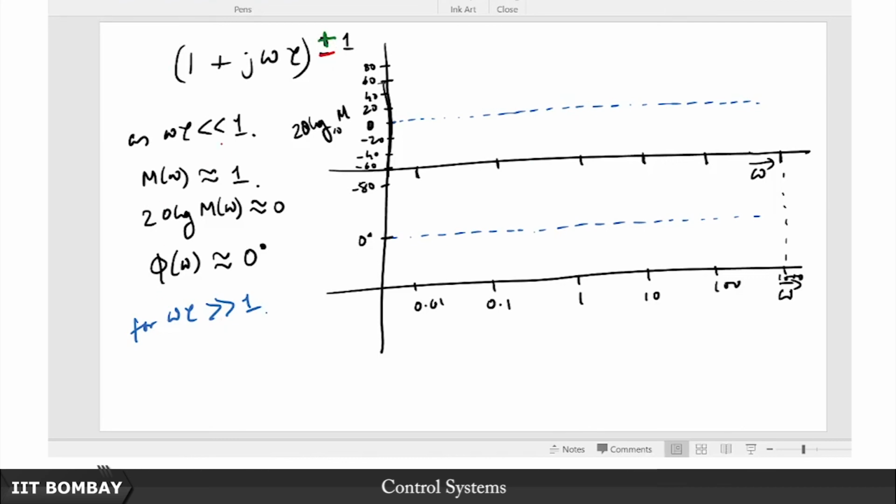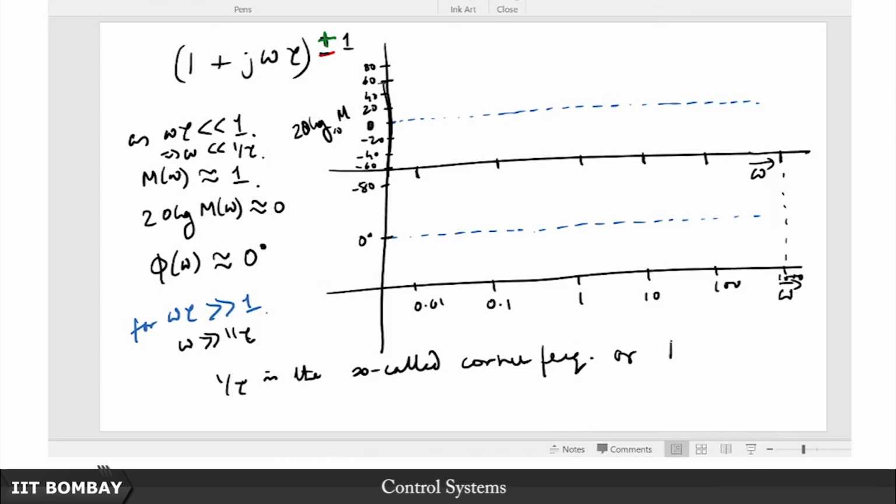So, now what is my high frequency asymptote? In other words, note that this condition is the same as saying that omega is much less than 1 by tau, and this condition is the same as saying that omega is much greater than 1 by tau. So, this 1 by tau is the so-called corner frequency or break frequency, okay.